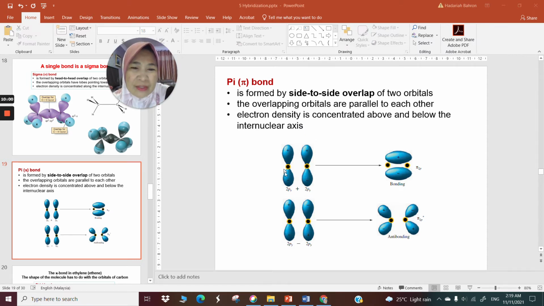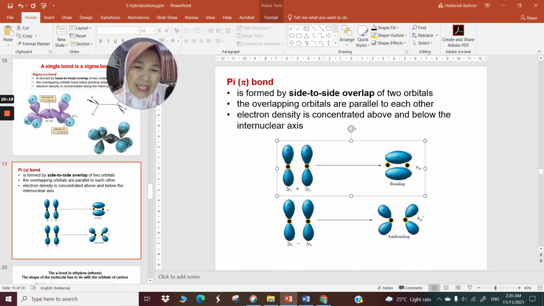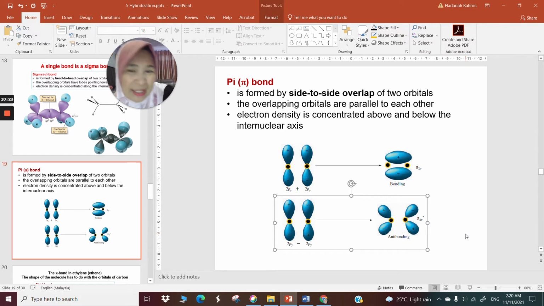Okay, so when you have 2py mixing or overlapping with another 2py, you have a bonding situation, and that will have a shape like this, and you have an anti-bonding situation which will have a shape like this. So don't worry about the bonding and anti-bonding.